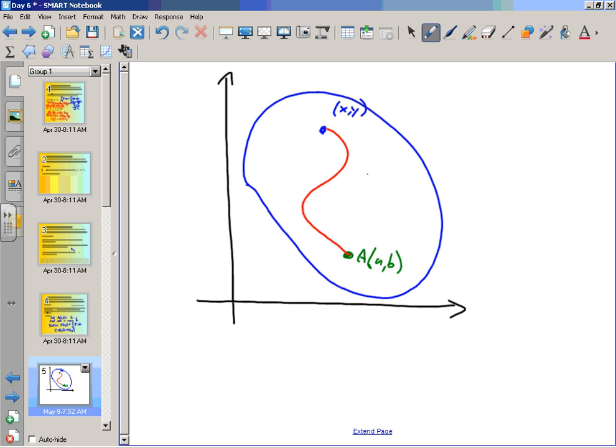That could be a C, or we could take a straight shot, and that could be a C. How we're going to prove this is we're going to pick two specific curves and set them equal to each other, because we know the integral is going to be the same either way.